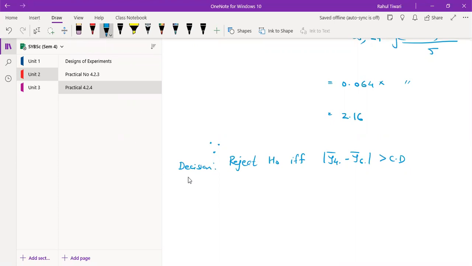So based on this decision, I need to check whether this is rejected or accepted. And now I have to put the conclusion. So what is my conclusion?